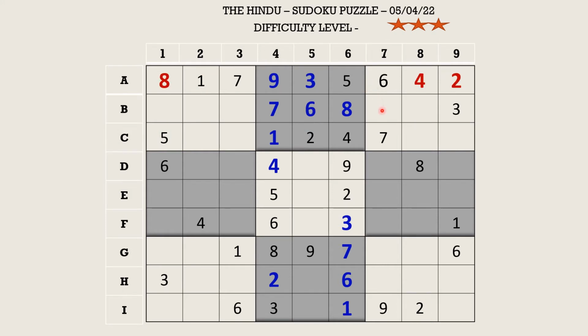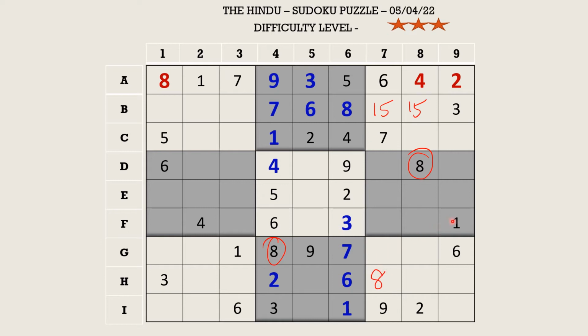We know that 1 and 5 goes in these 2 cells. Now if you see 8 blocks these 3 cells and there is 8 here which blocks the cell. So in column 7, 8 goes here in H row.